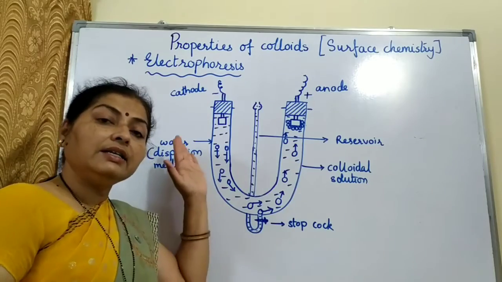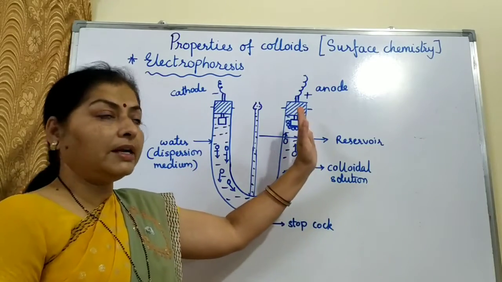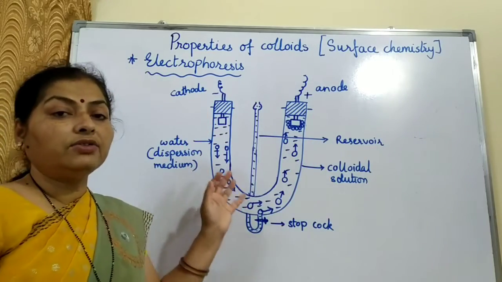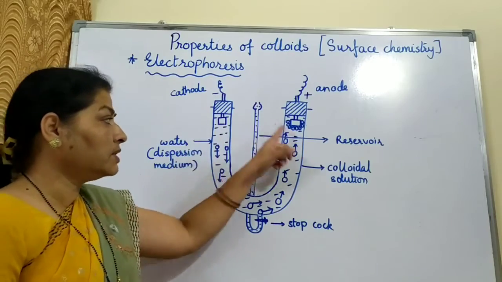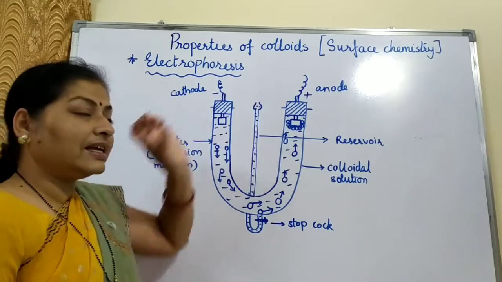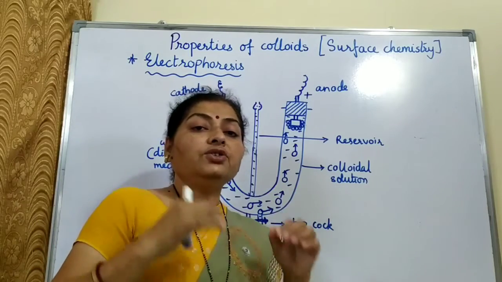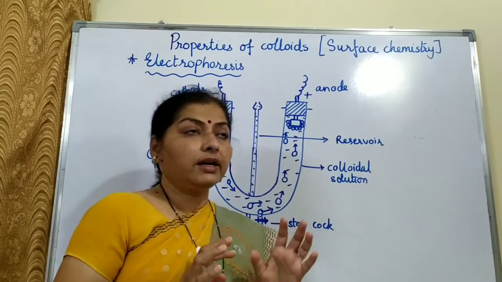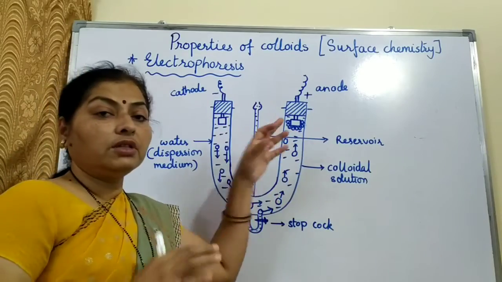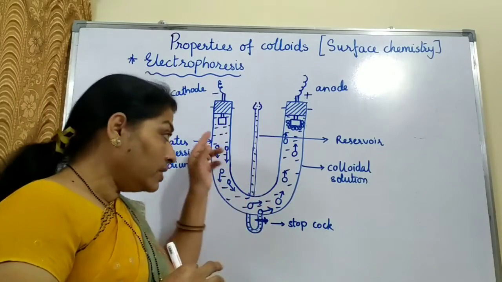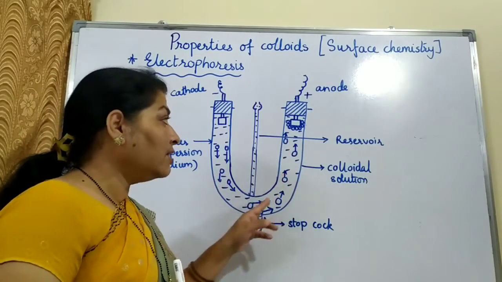So basically it is the movement of the colloidal particles under the applied electric field. Here in both the arms, a small quantity of water is kept above so that the colloidal particles initially do not come directly in contact with the electrodes. They should not stick directly, so that we can see the movement.